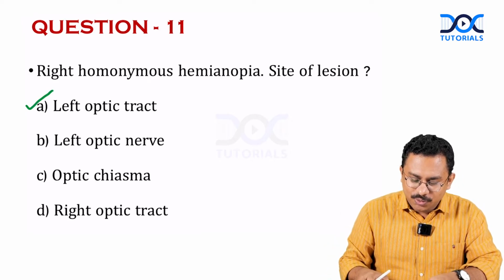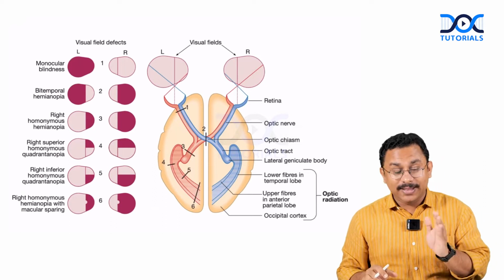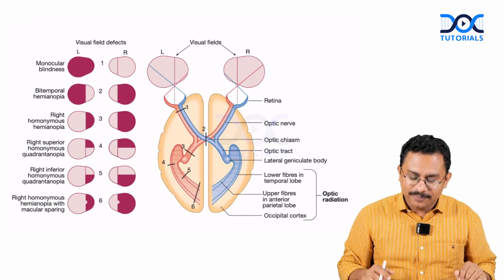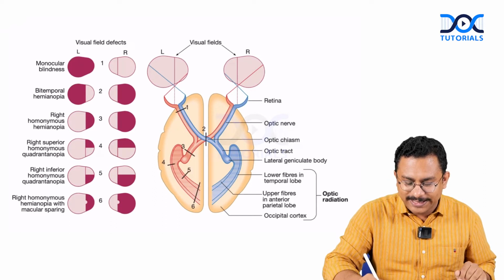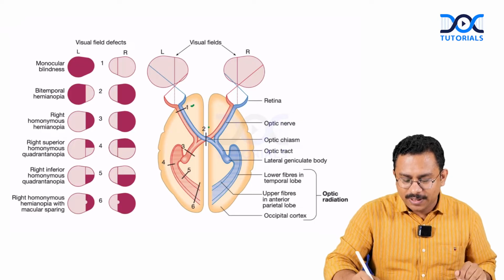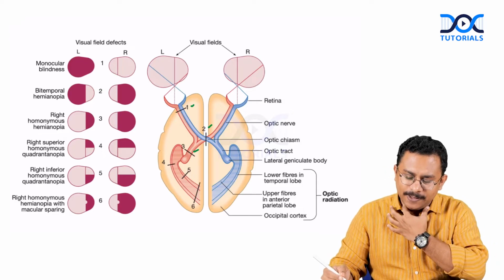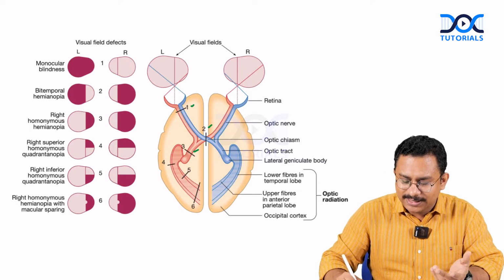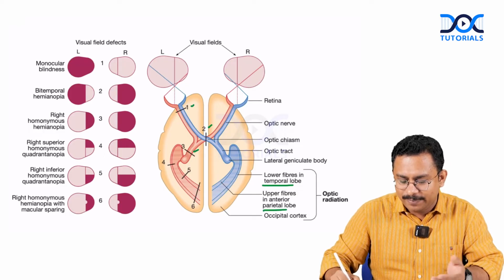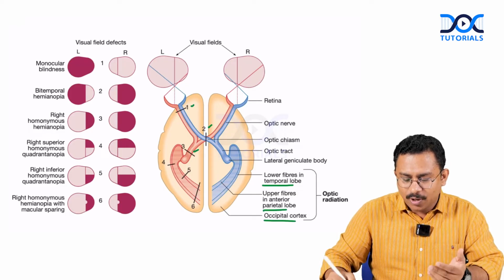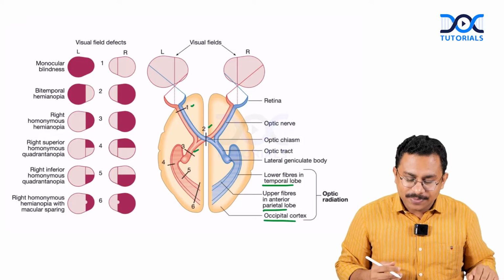And I think you should know this figure also very thoroughly. Here I have listed different sites: optic nerve, optic chiasma, then the optic tract, the optic radiations at different parts of the radiations. Even in the radiations, it can involve the lower fibers, upper fibers, or entire fibers, or you can have an occipital cortex lesion.